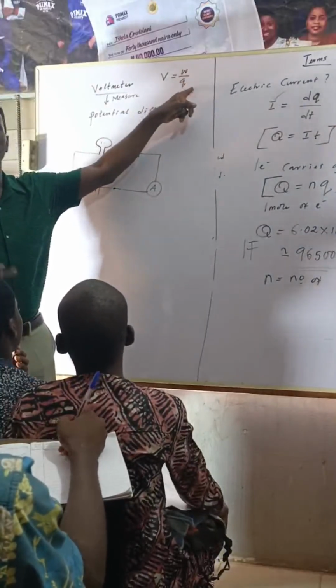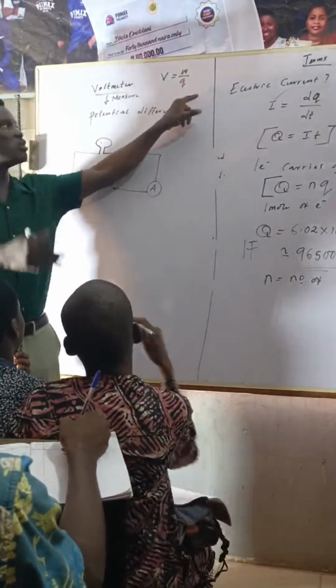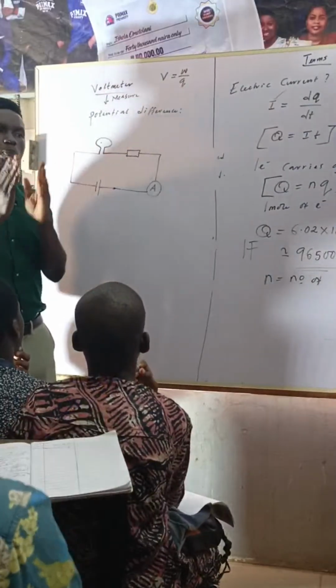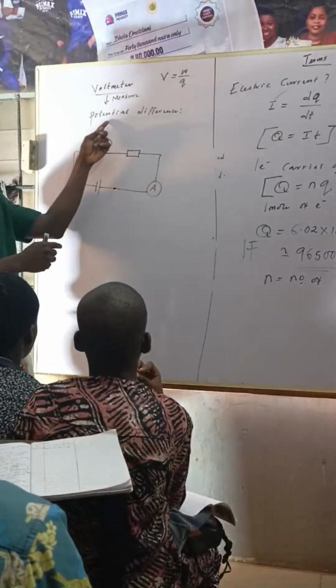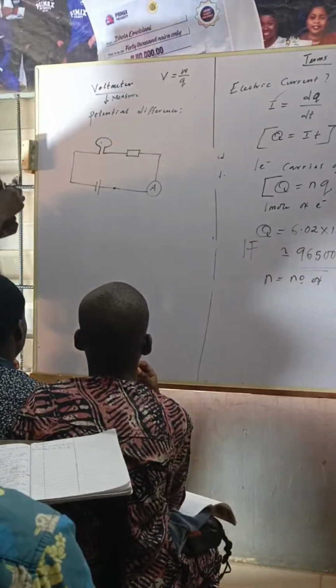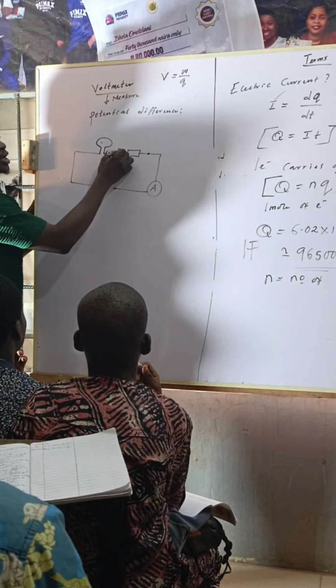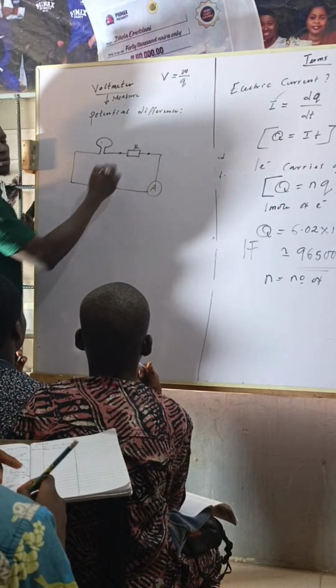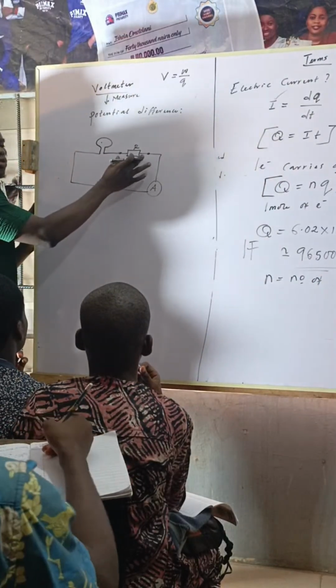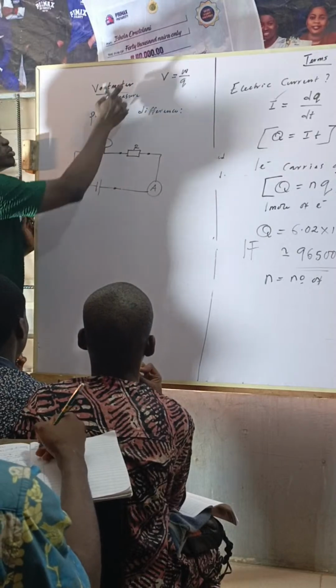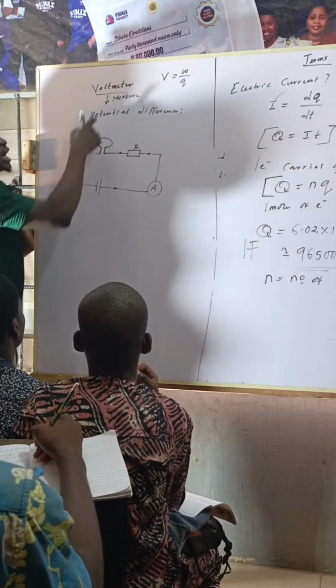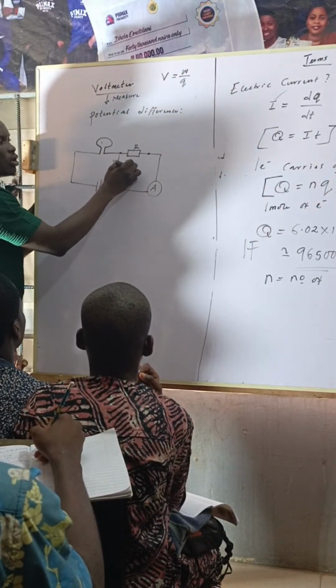From the formula, it's the work done in moving a unit charge from one point to another. That's what we call potential difference. Now, I want to move a charge from here to here, like across the resistor. How do I determine the work done? The instrument I need to plug in, without calculation, is what we call a voltmeter.